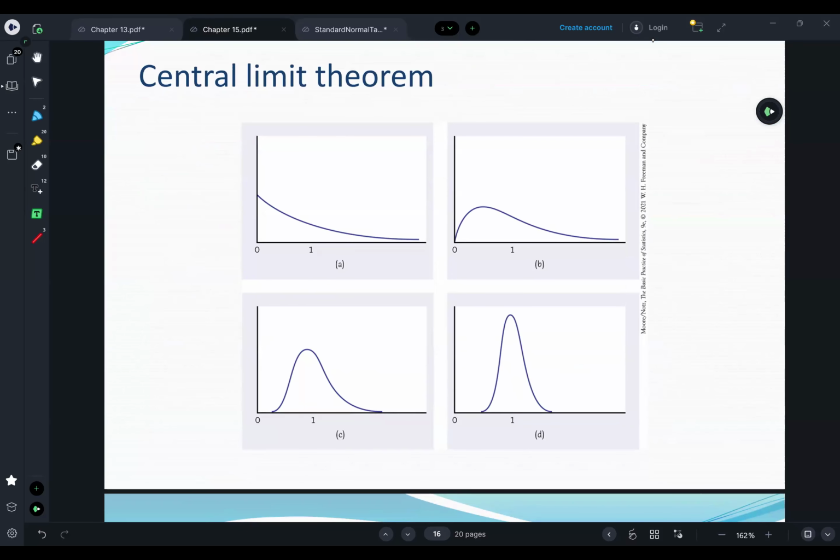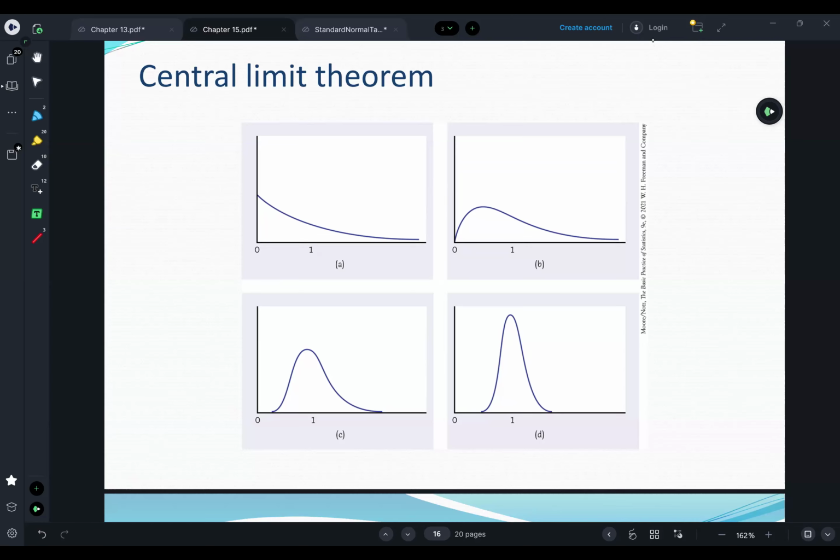So you can see if the parent population distribution looks like A, really, really right skewed. B is taking all possible samples, I think it was size 5, and then this was taking more samples and then taking even more samples from the population.